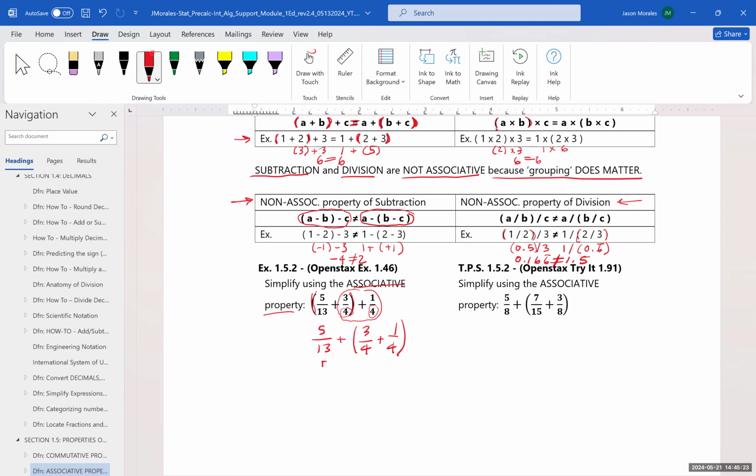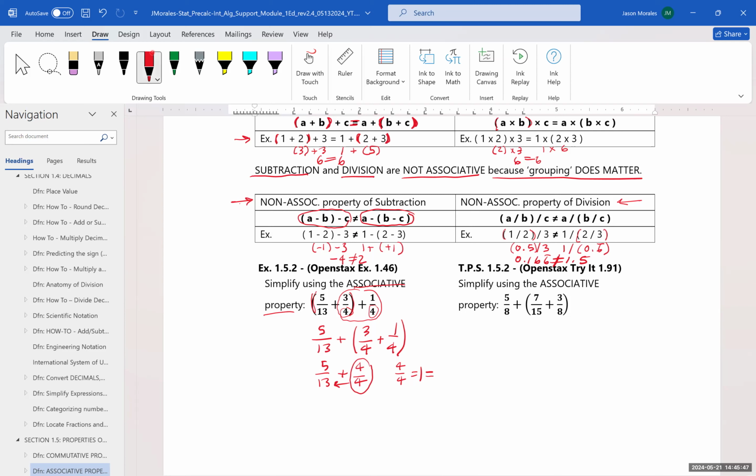So we're going to have 5/13 plus 4/4. And 4/4 is going to be equal to 1. But we want it to have a denominator of 13.